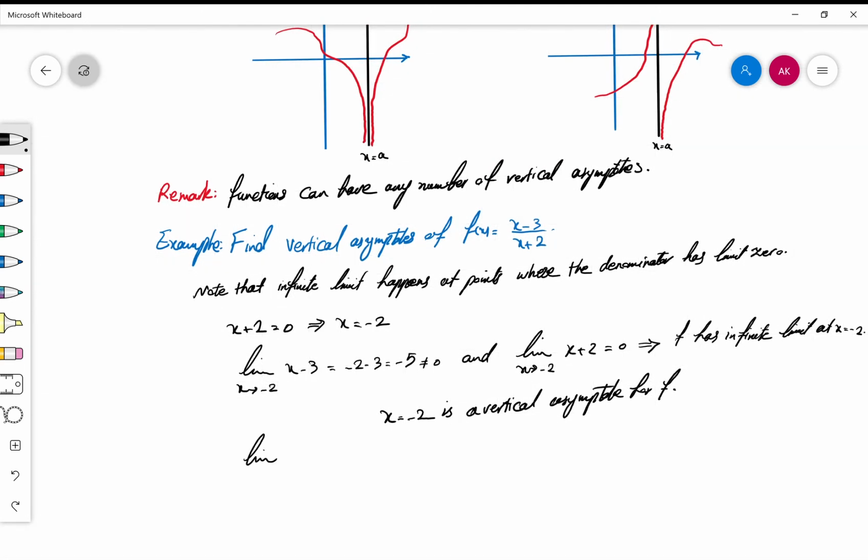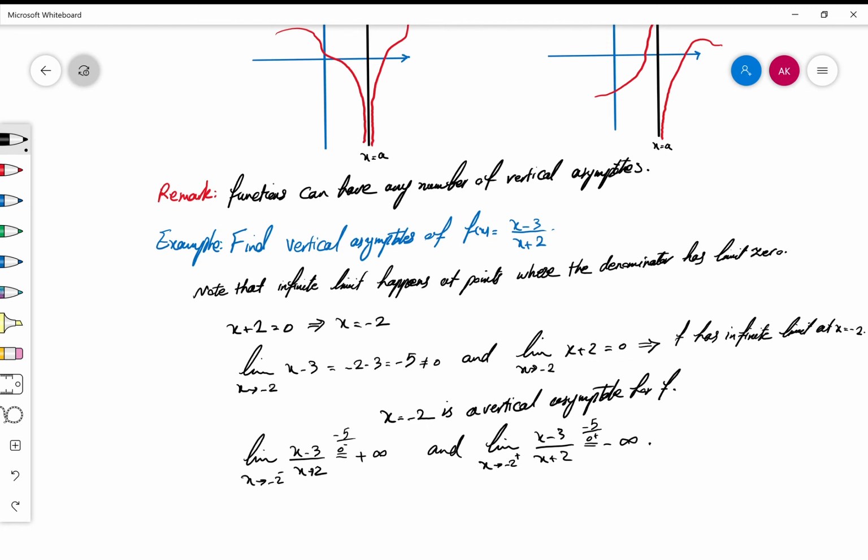Well, you can do a little bit more detail. As x goes to -2 from the left, x minus 3 over x plus 2 will be -5 over 0 with a negative sign, so this will be plus infinity. And the limit as x goes to -2 from the positive side is -5 over 0 plus, and negative times positive is negative infinity.